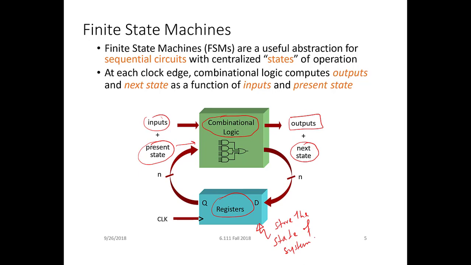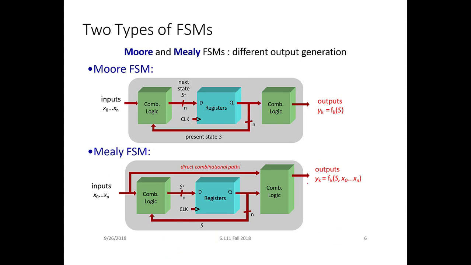Okay, and then there are 2 types of FSMs. I think we also discussed this. I will just quickly go over them. One is called Moore FSM and the other is called Mealy FSM.